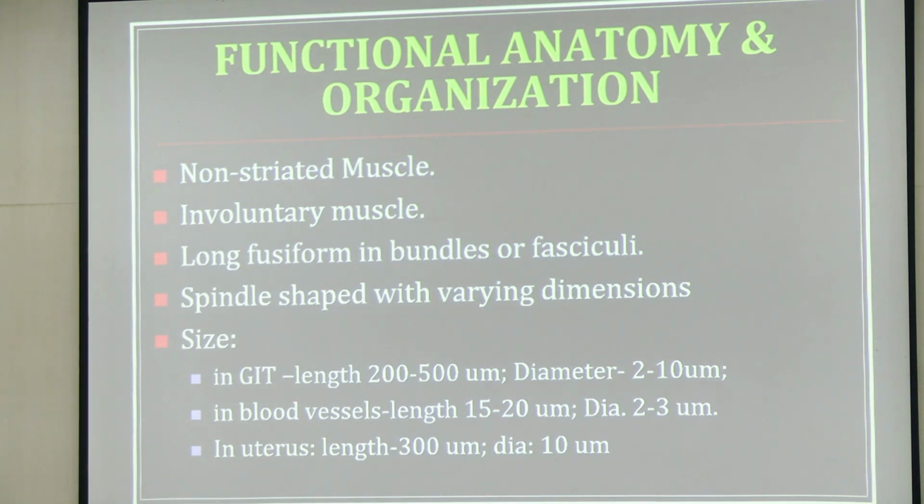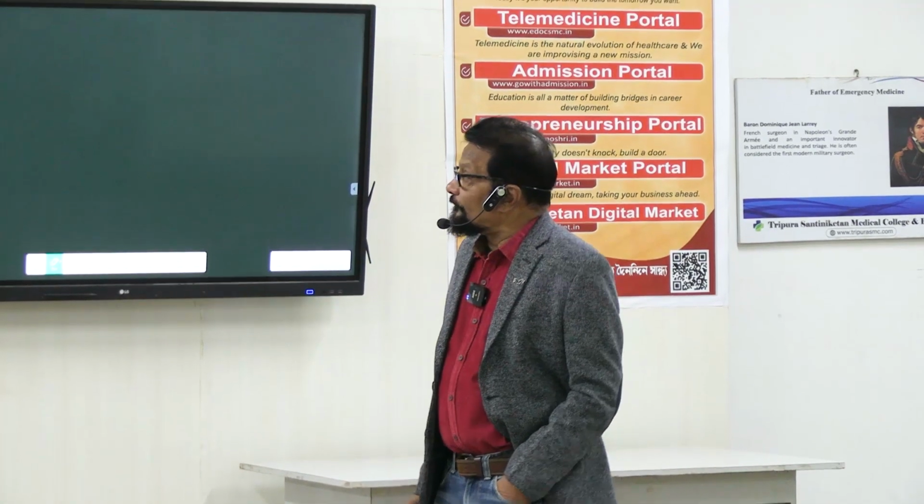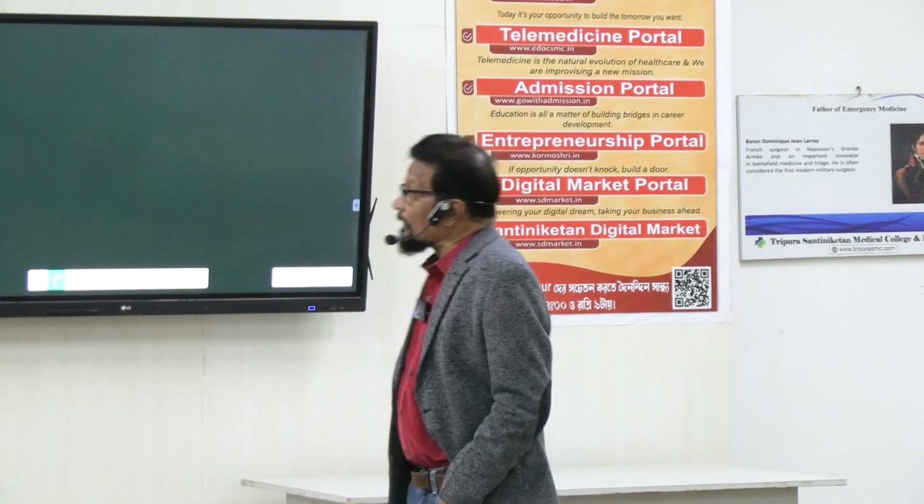Voluntarily, by your wish, you cannot control these muscles. They are long, fusiform, in bundles or fasciculi.